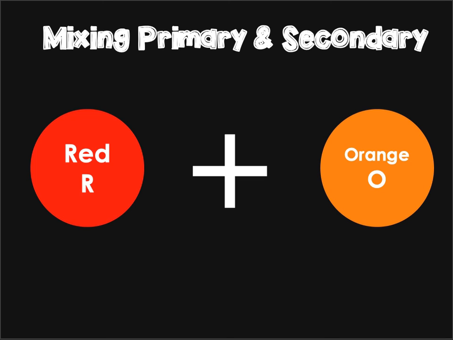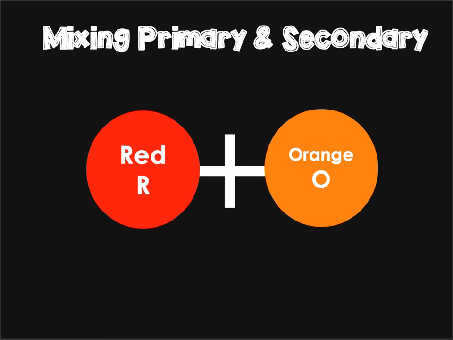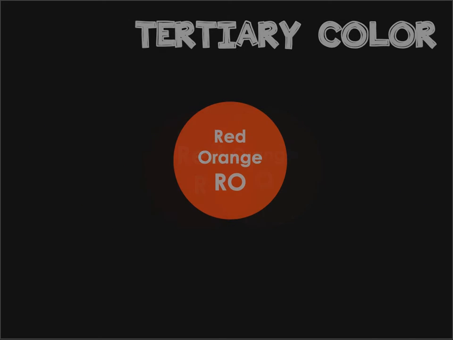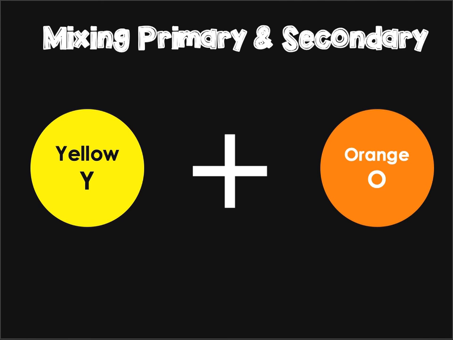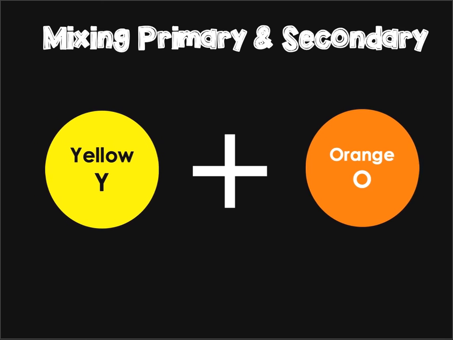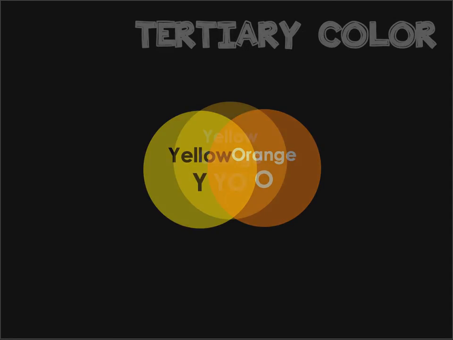Well, let's talk about mixing these. When you take a primary red, mixing it with a secondary orange, you're going to get a tertiary of red-orange, or what I would like to call rorange. I wish they would have had fun with these names. Mixing a primary of yellow with a secondary of orange, you're going to get yellow-orange.